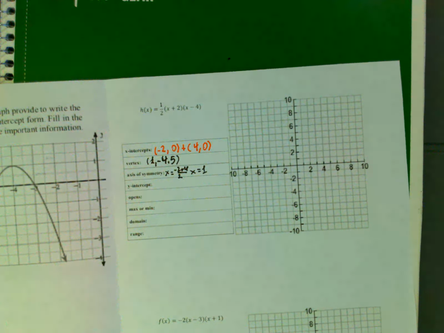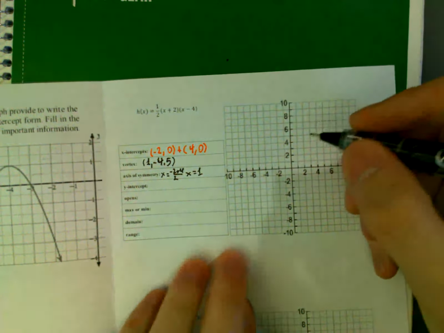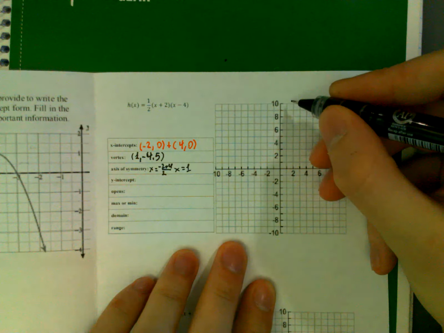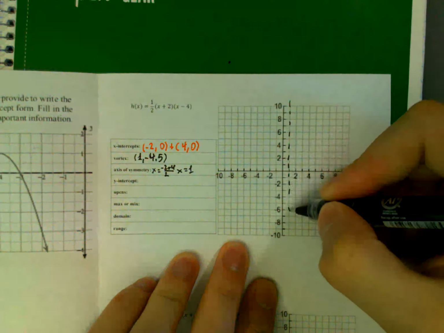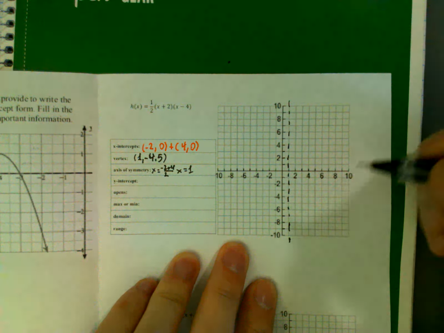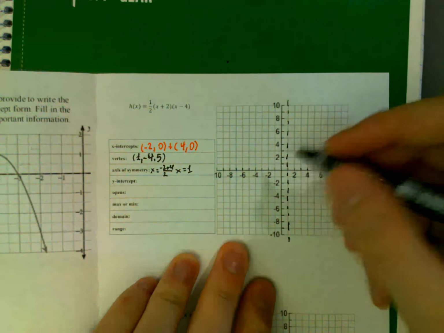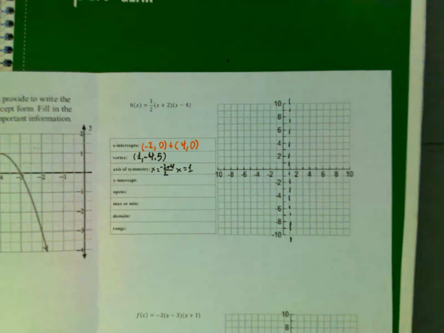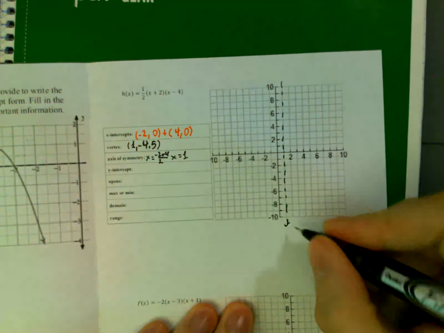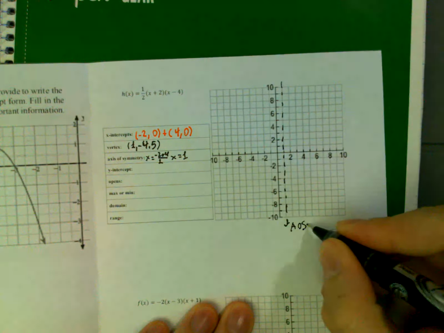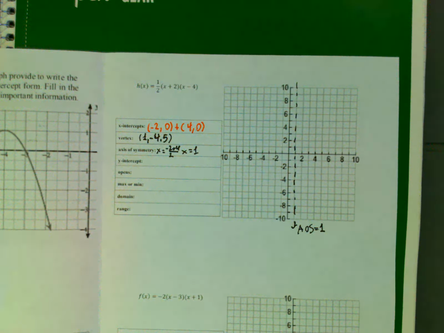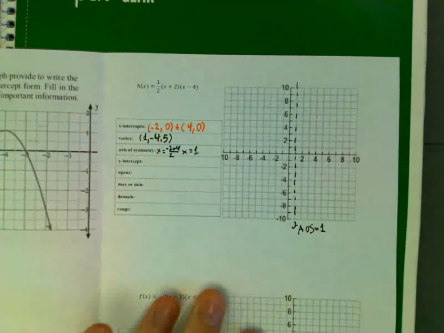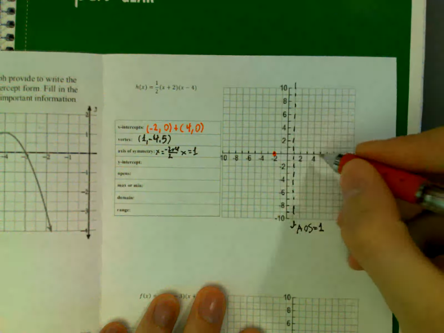Okay? So, let's graph some things real quick. We know that the axis of symmetry has to be at that halfway spot, so AOS equals 1, and it is right here. We also know the intercepts are at -2, and the other intercept is at 4.